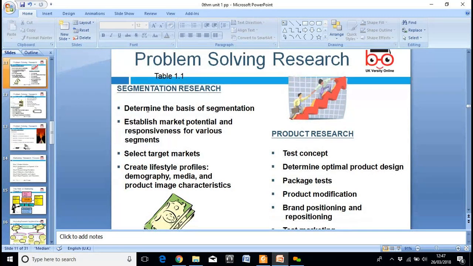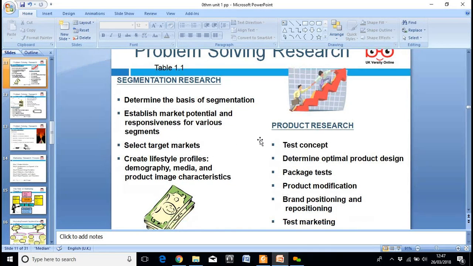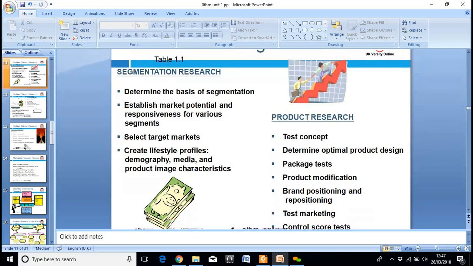Segmentation research: determine the basis of segmentation, establish market potential, select target markets, create lifestyle profiles, demographic, media, and product image characteristics. Product image is, again, an area of research on its own. Again, I can give you some examples. It's quite a few years ago now, but there was a television program.